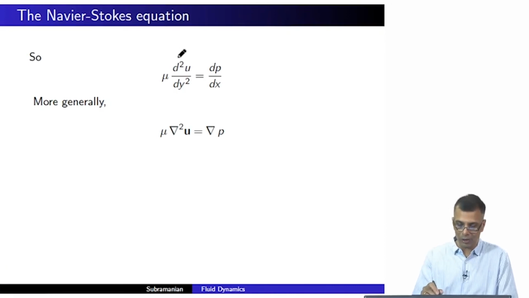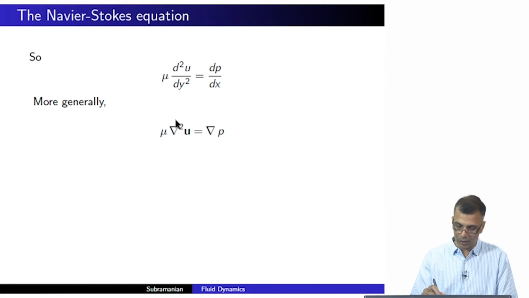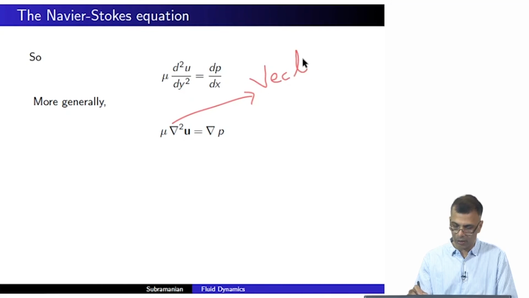More generally, it's not a d squared u dy squared. It's a Laplacian, a grad squared. Except, please remember that this is actually a vector Laplacian. This is not the scalar Laplacian that you're generally familiar with.